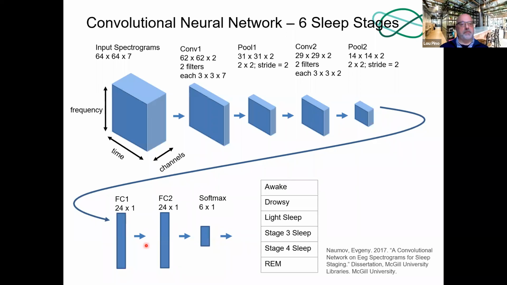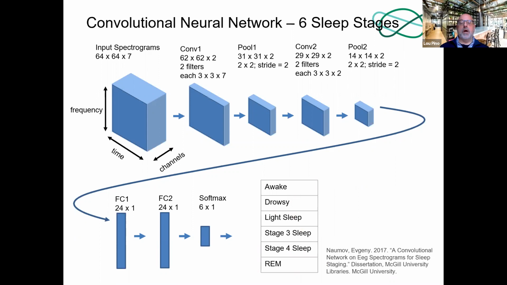Then this layer is fully connected to this layer, which means that every neuron here has 24 inputs from here. The final layer is softmax, which just normalizes the classification into 6 probabilities, which all add up to 1. The value with the highest probability is the sleep stage that's classified.